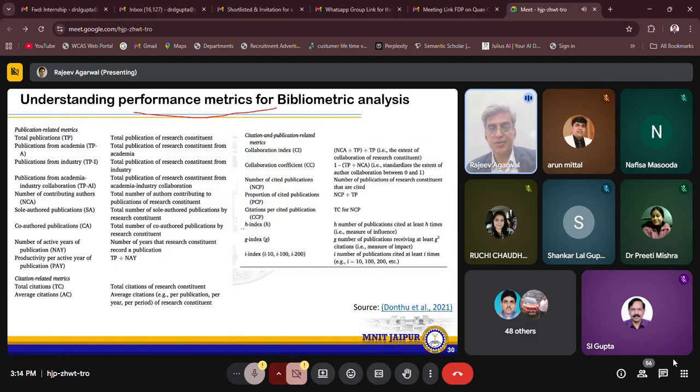So h-index, if you have an h-index of 10, it means 10 publications cited at least 10 times. g-index, if you have a g-index of 10, it means 10 publications receiving at least 100 citations. i10 means 10 publications cited at least 10 times.